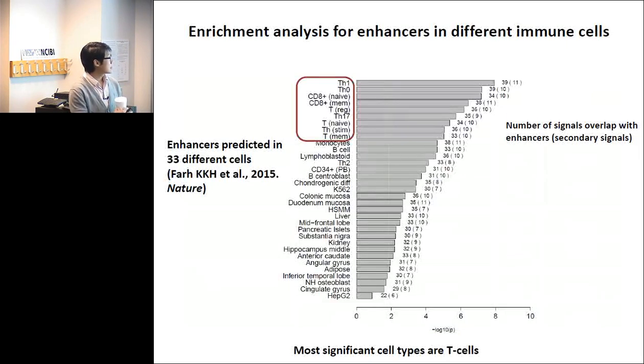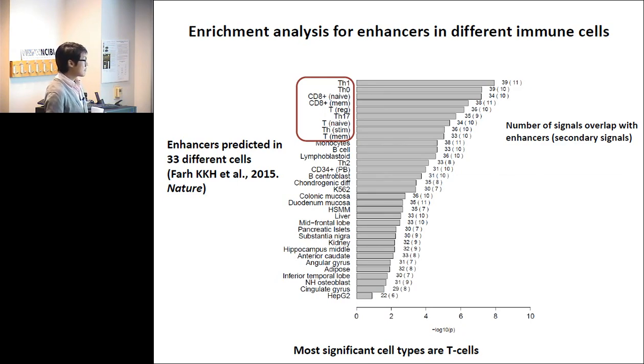Okay. So again, because the H3K27 acetylation was the most enriched one in LCL, we also want to see if these are enriched among different immune cells. So we use enhancer predictions from a recent study and perform enrichment analysis to see if they are enriched among those psoriasis-associated loci. Those in brackets are the number of secondary signals overlapping with the enhancers in the corresponding cell types.